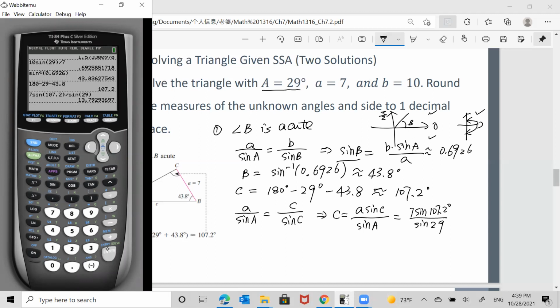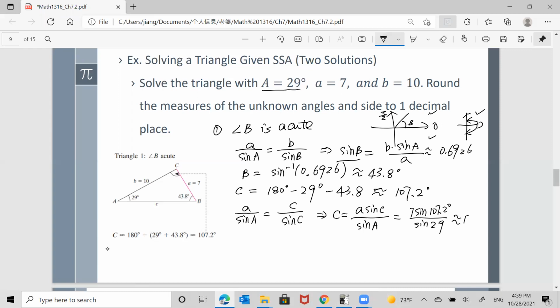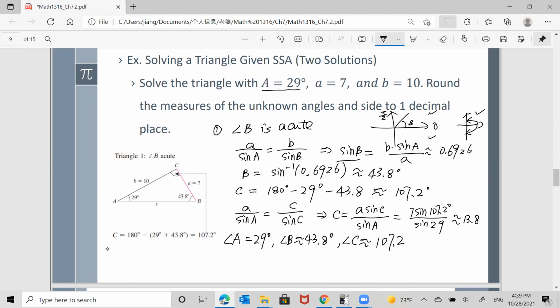We have 13.8. It's about 13.8. That means I can write down the summary. A equals 29 degrees. B is about 43.8 degrees. And angle C equals 107.2 degrees.